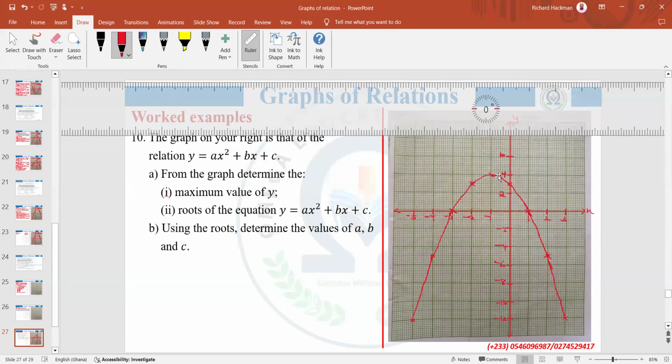So I'm going to write here just to explain something. I'm asked to find the root. Take note: the root of any quadratic equation will be given by where the curve cuts the x-axis. That will give you the roots.